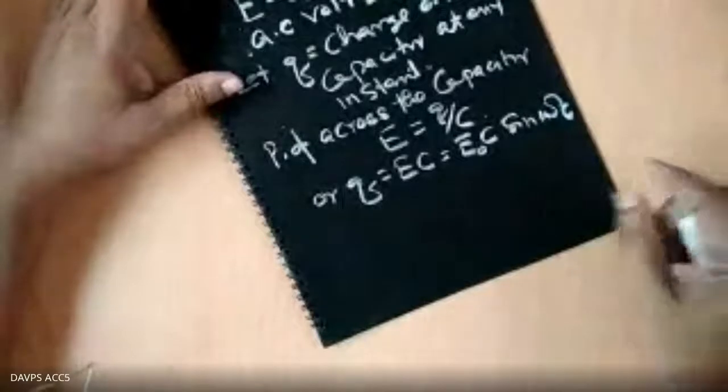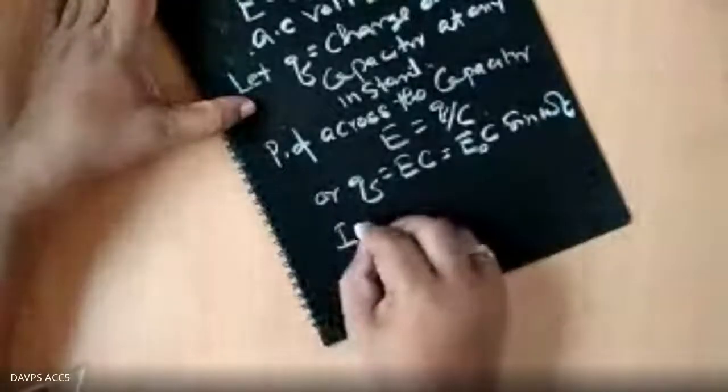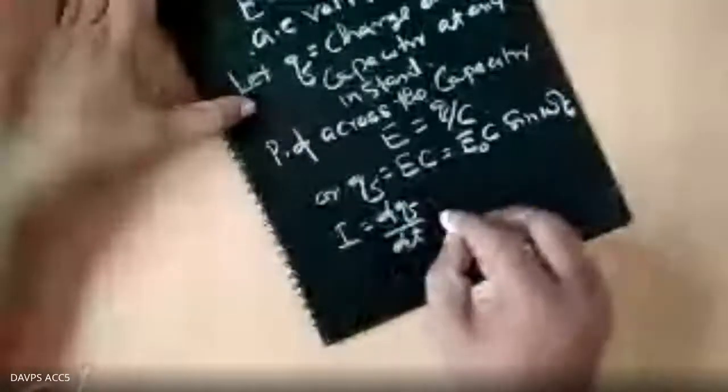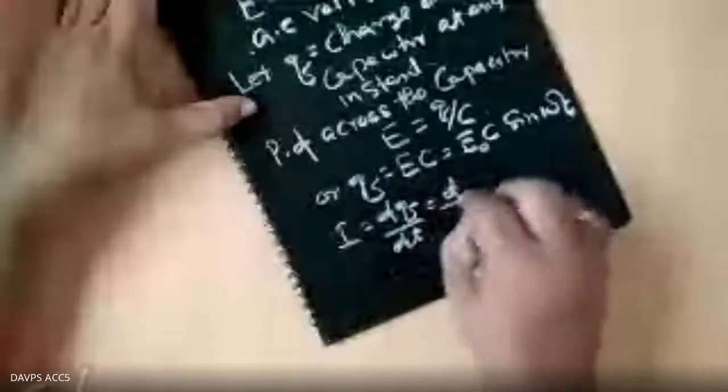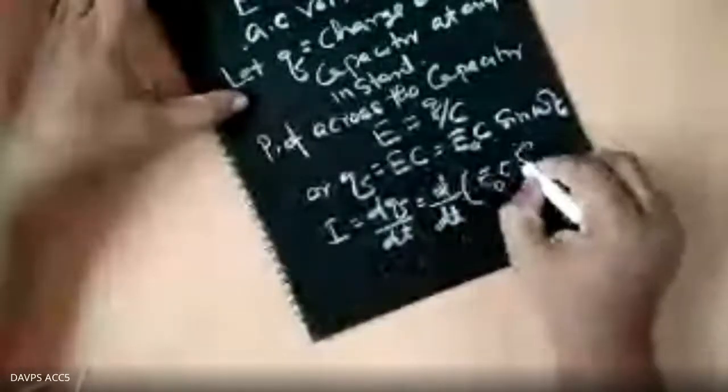What is our target? Our target is that we are supplying E equal to E naught sine omega t, and we want the current. You can get the instantaneous current from Q: I equal to dq upon dt, that is d by dt of E naught C sine omega t.